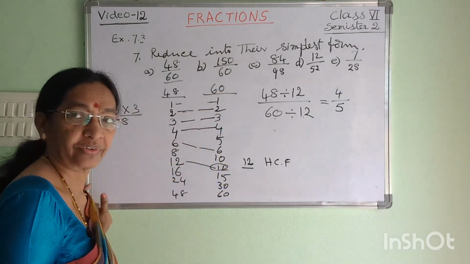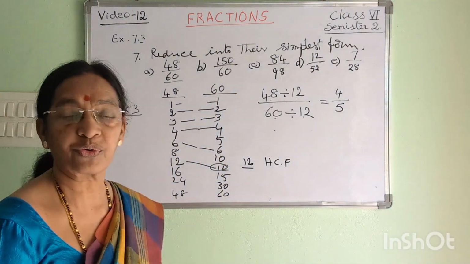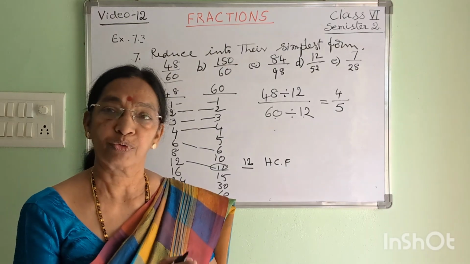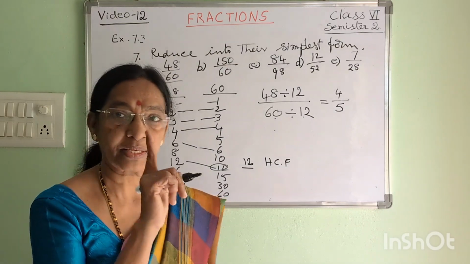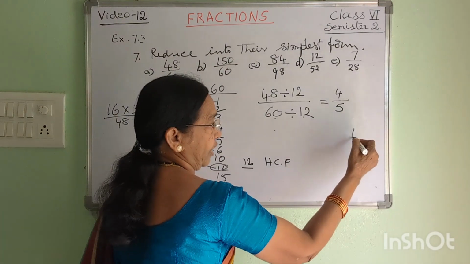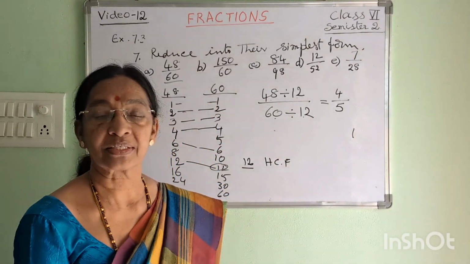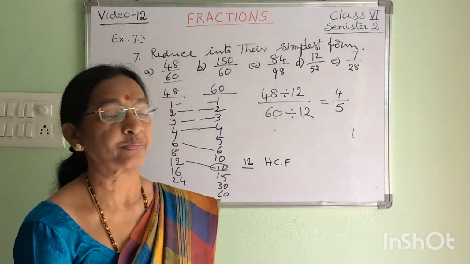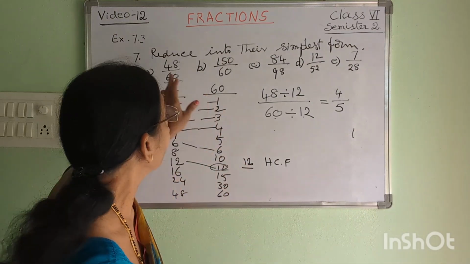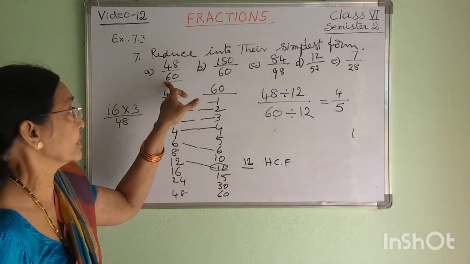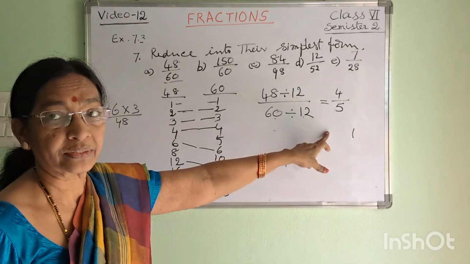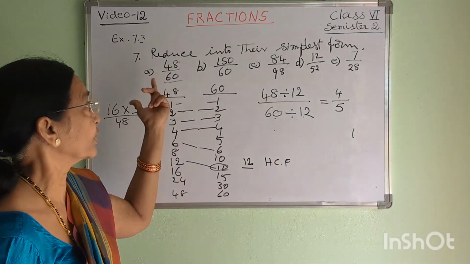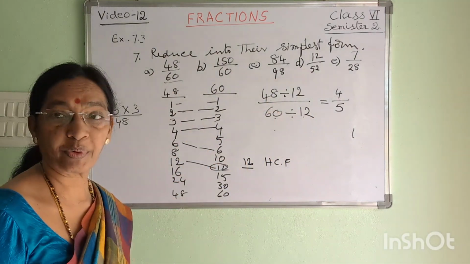Therefore 4 by 5 is the simplest form because 4 and 5 have no common factor except 1. Such a fraction is called the simplest form of the fraction. Therefore the simplest form of 48 by 60 is 4 by 5.